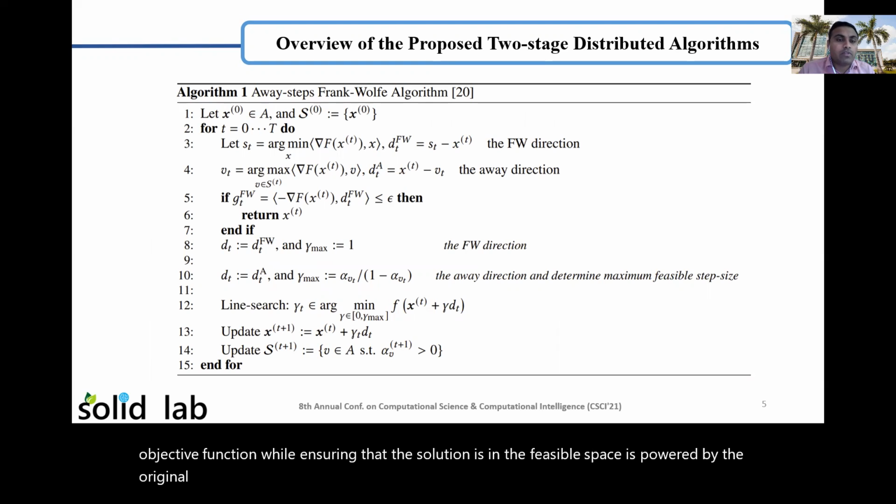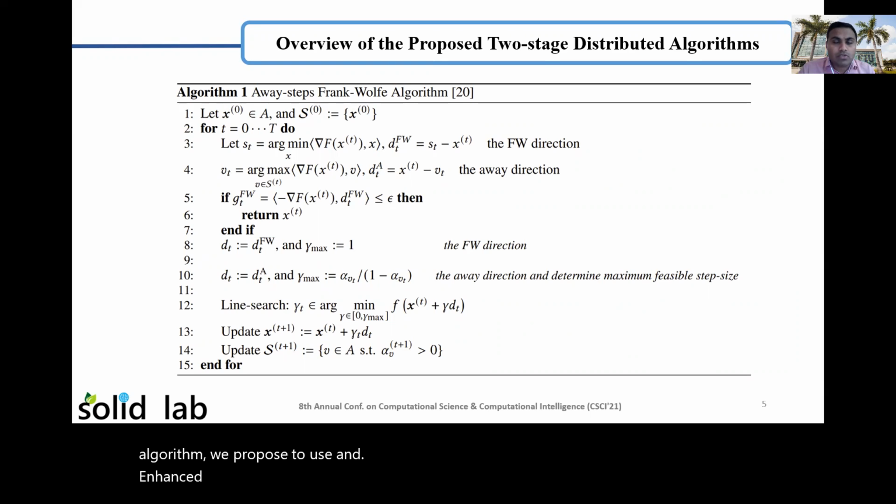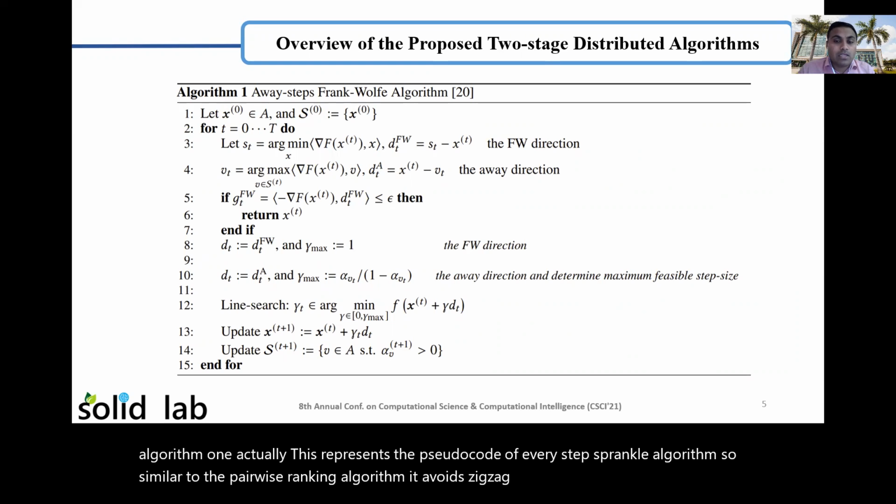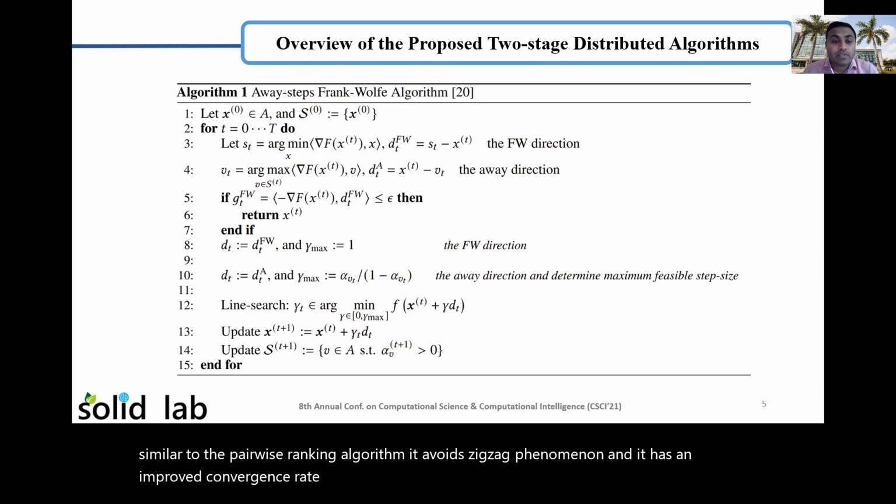In order to improve the convergence of the Frank-Wolfe algorithm, we propose to use an enhanced Frank-Wolfe algorithm, referred to as the away-step Frank-Wolfe algorithm. Algorithm 1 represents the pseudocode of the away-step Frank-Wolfe algorithm. Similar to the pairwise Frank-Wolfe algorithm, it avoids the zigzag phenomenon, and it has an improved convergence rate, and it can move faster to the optimal solution.